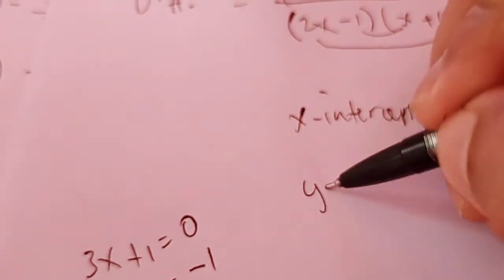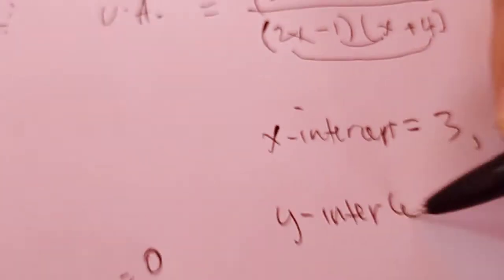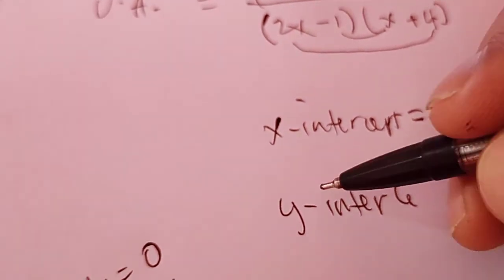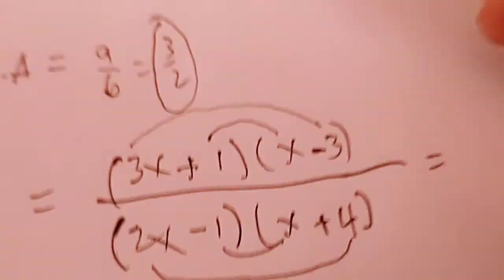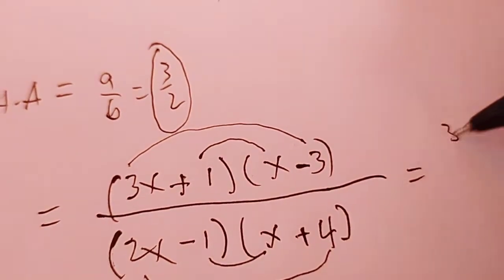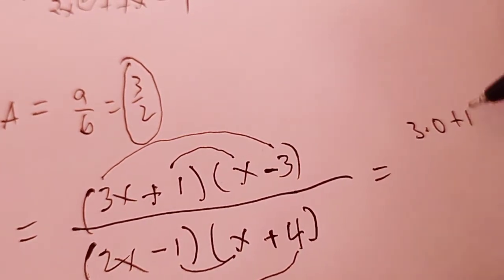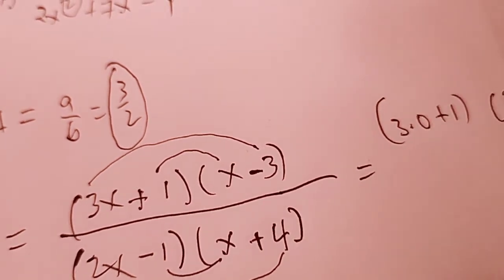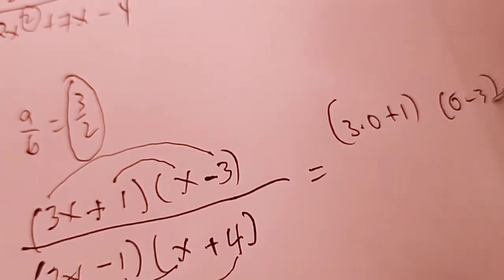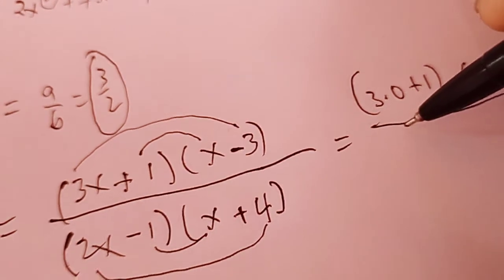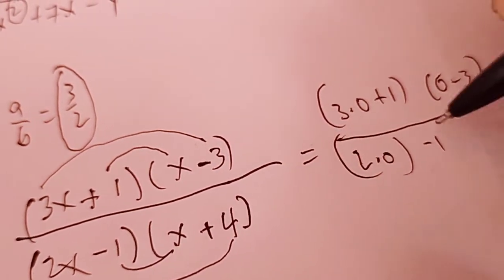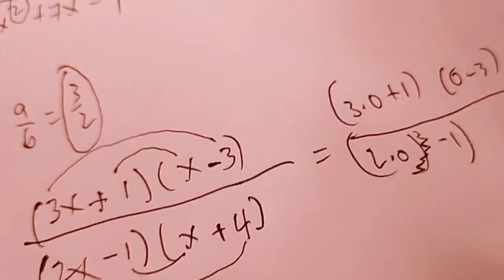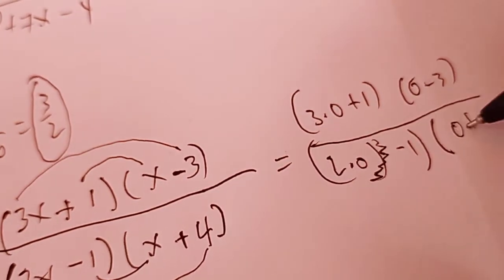Okay? As for the y-intercept, we don't have the vertical asymptote yet. For the y-intercept, we make all x equal to 0. So 3 times 0 plus 1, and then 0 minus 3 over 2 times 0 minus 1 times 0 plus 4.